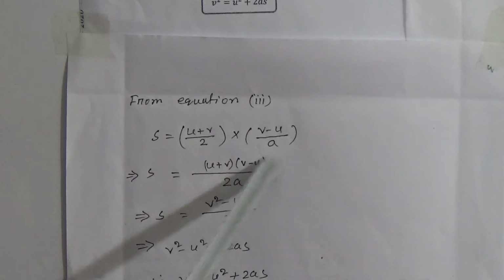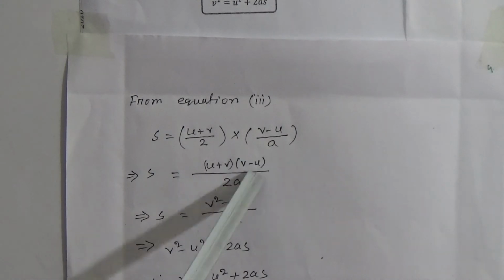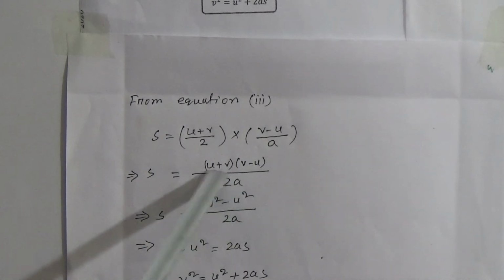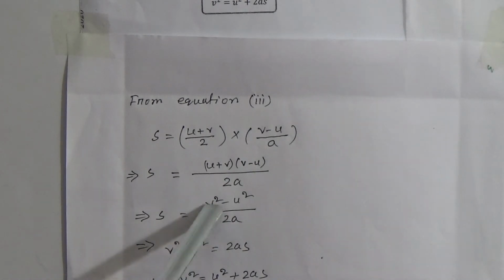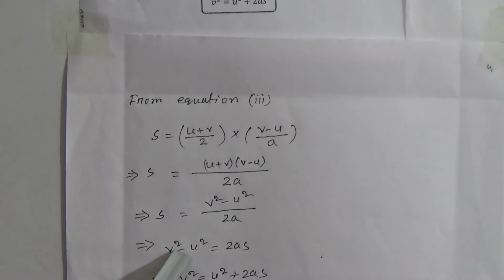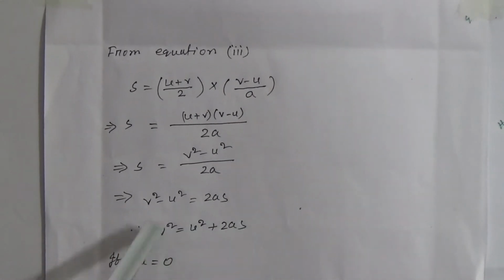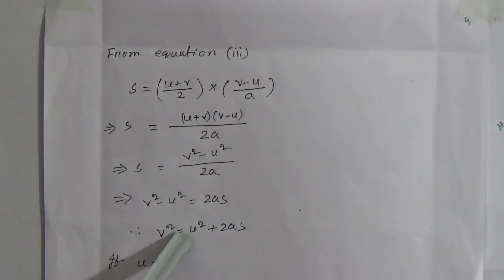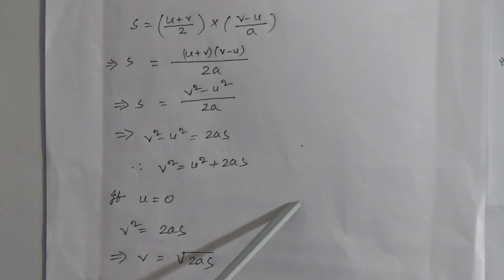Here we use the formula a plus b times a minus b equals a square minus b square. So v plus u times v minus u gives v square minus u square. By cross multiplication, we get v square minus u square equal to 2as. Therefore v square equal to u square plus 2as.